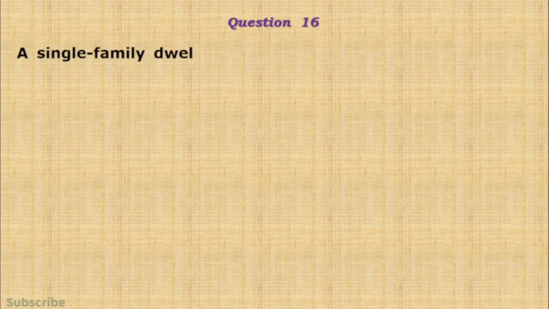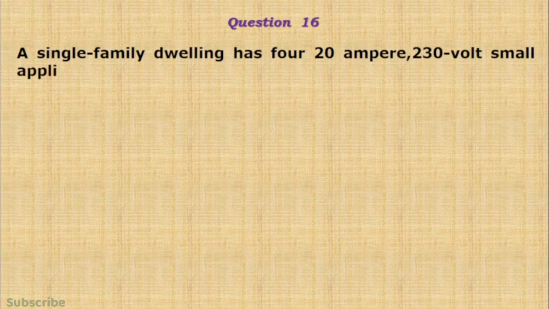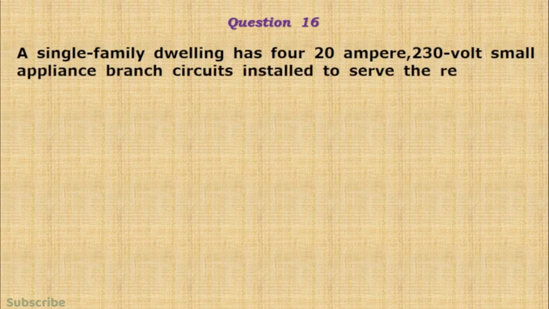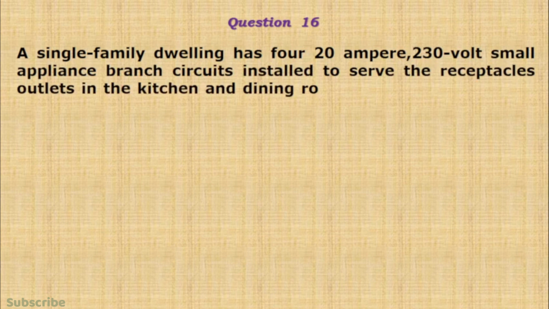Question number 16. A single-family dwelling has four 20 ampere, 230-volt small appliance branch circuits installed to serve the receptacle outlets in the kitchen and dining room.